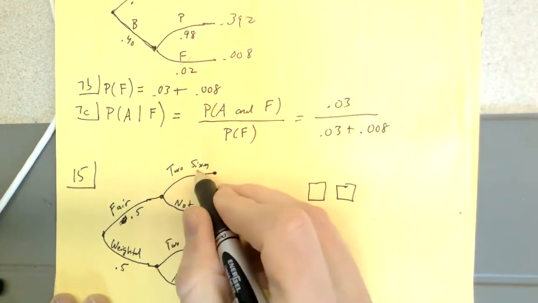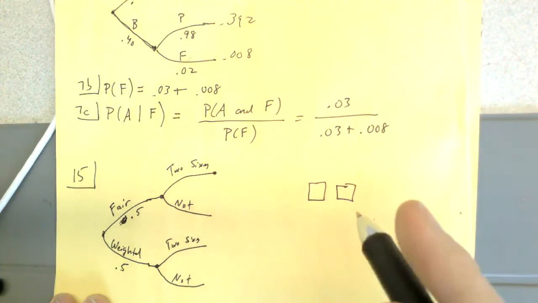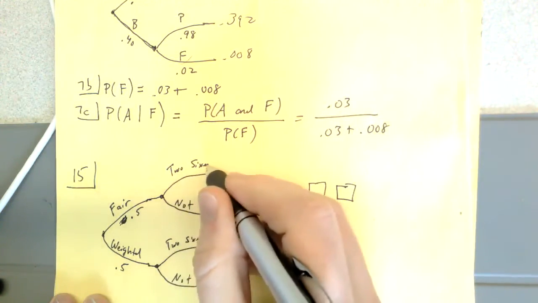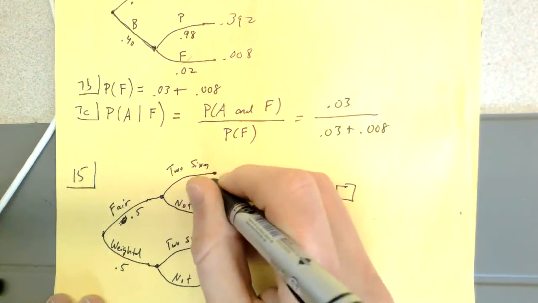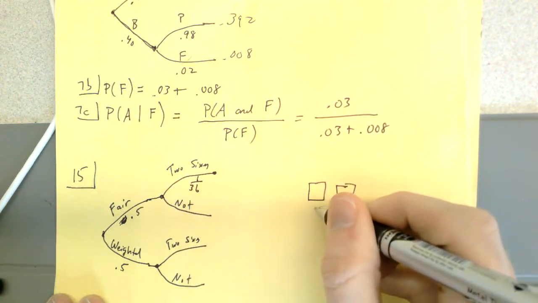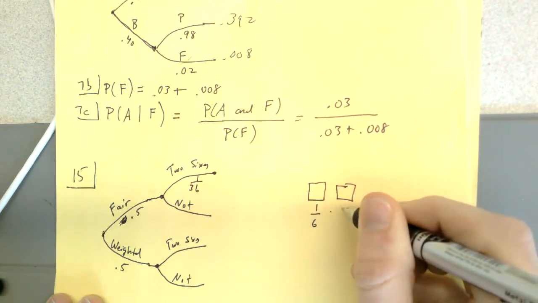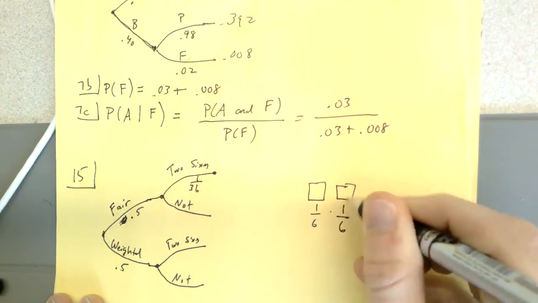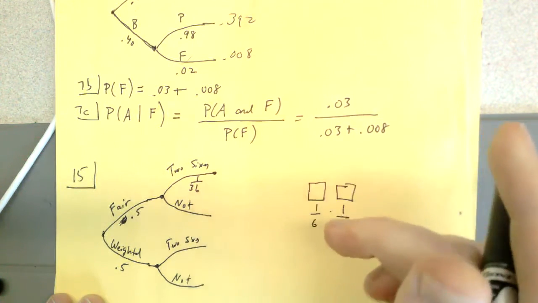And getting 2 6s, there's only one way of that happening. You just get 6 both times. So the probability of getting 2 6s with the regular fair dice is 1 out of 36. Or you can think of it as a 1 out of 6 chance of getting a 6 on the first die, and then a 1 out of 6 chance of getting a 6 on the second die. So the product gives you 1 out of 36.